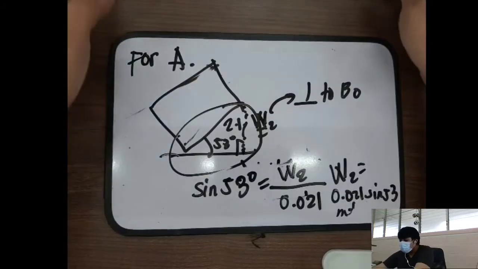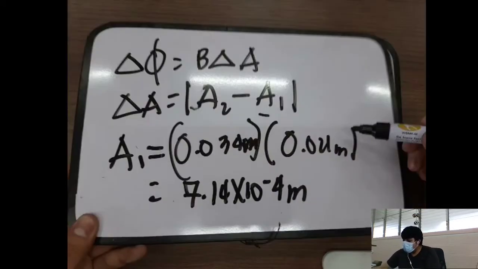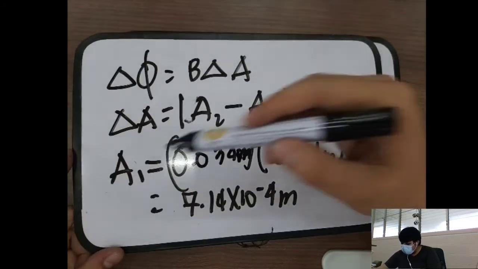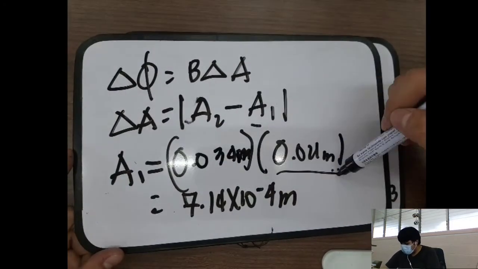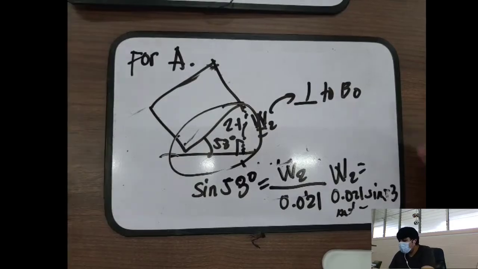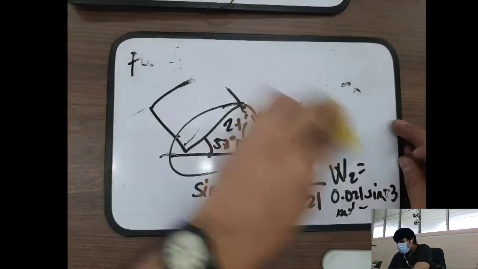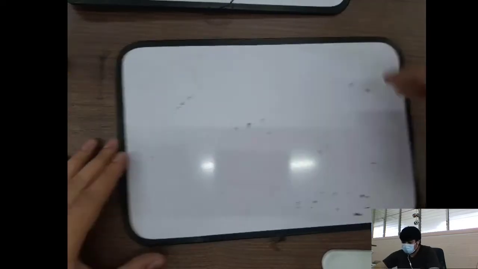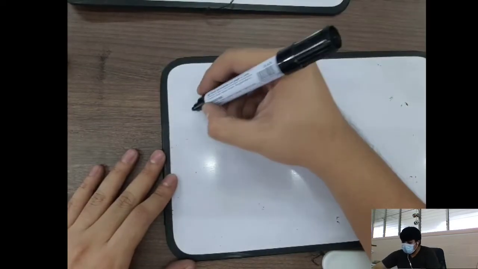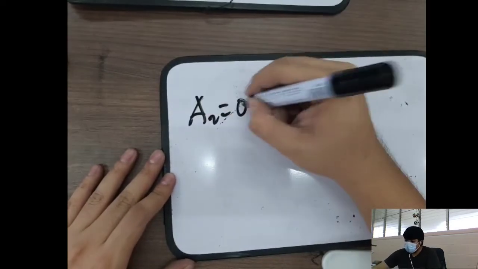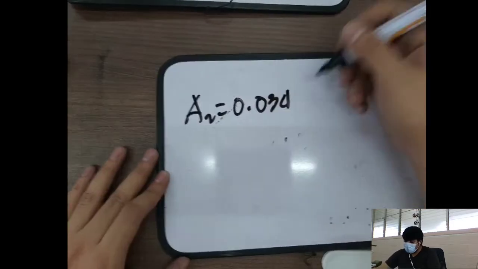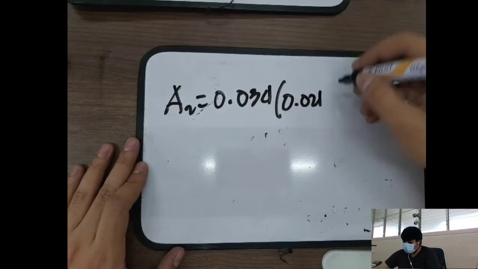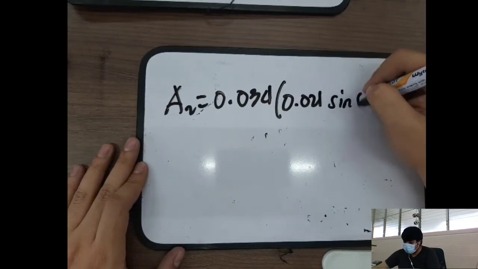So we substitute the width with this value for the second area, which becomes 0.034 multiplied by 0.021 sine 53.